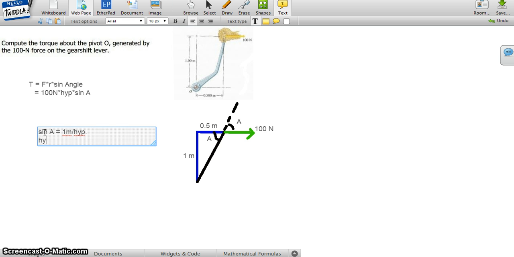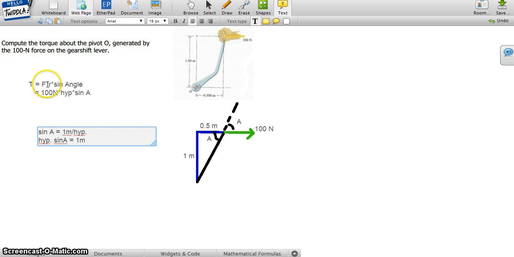So if I do the hypotenuse times the sine of A, that's going to be equal to 1 meter. So I don't even need to figure out what the hypotenuse is, or what A is, because I know this side over here is 1 meter.